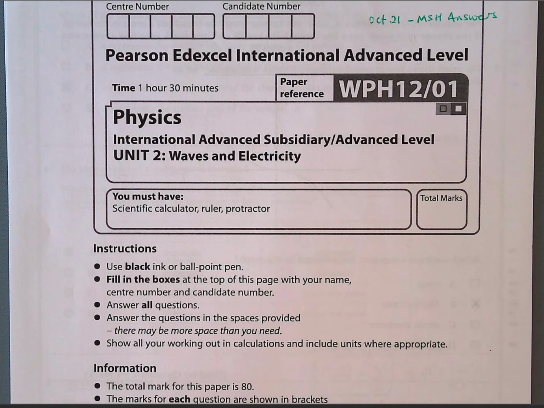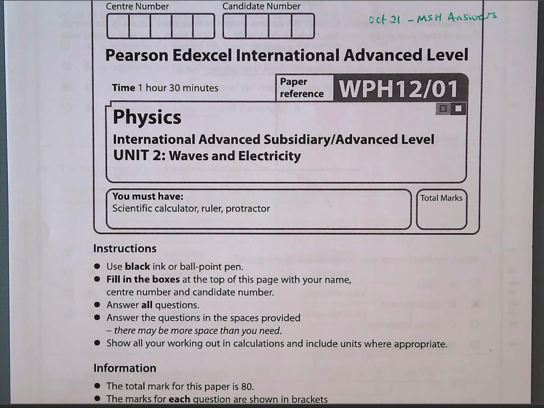Okay, today we're going to go through this October 2021 paper from Unit 2 of the Pearson Edexcel International A-Level Physics exam. It's very similar to the linear exam used by Edexcel, except these are modular.